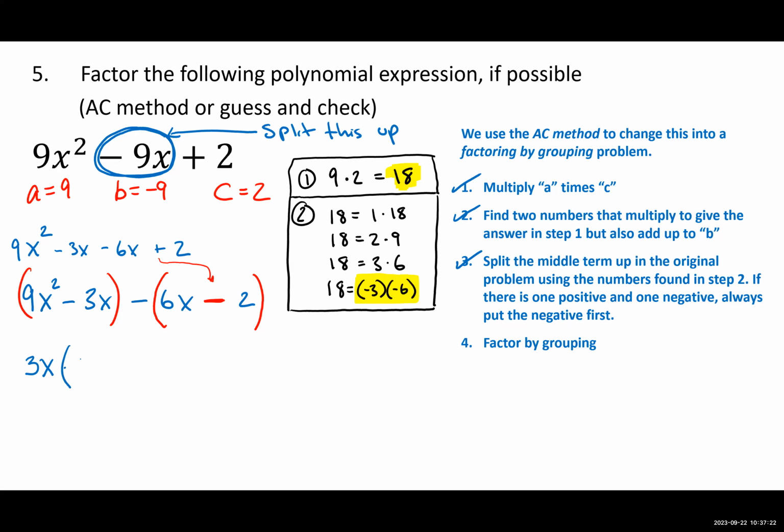We took out a 3x from the 9x squared and we're left with a 3x because 3x times 3x is 9x squared. Then there's a minus, and we're left with a 1 because 3x times 1 is equal to 3x.